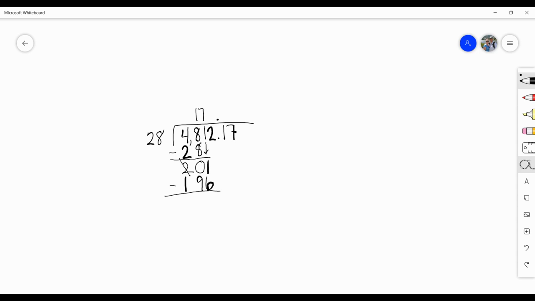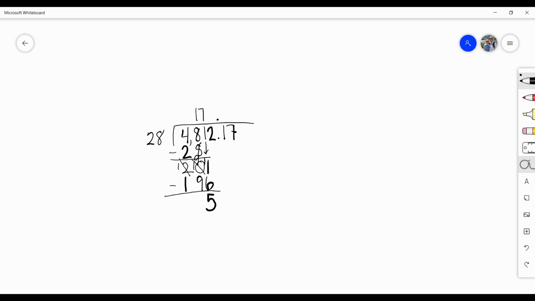So I borrow 1 from the 2, and the 2 becomes 1. I give that to the 0, and the 0 becomes a 10. I can now borrow from the 10. I borrow from the 10, and the 10 becomes a 9. I give my 10 to the 1, and my 1 is now 11. I can now take 6 away from 11, which leaves me with 5.